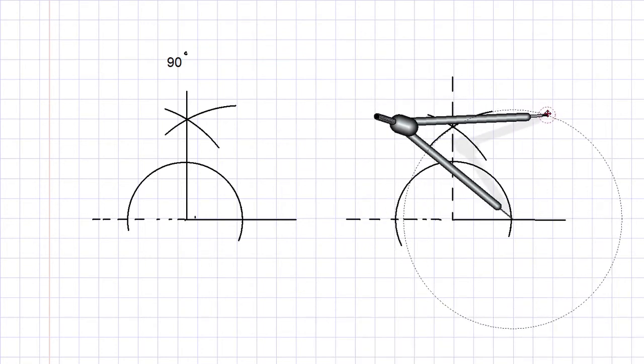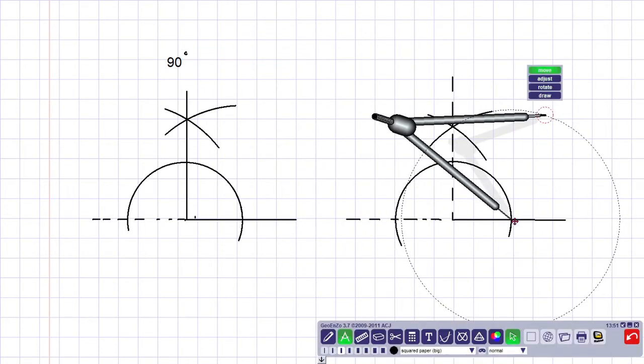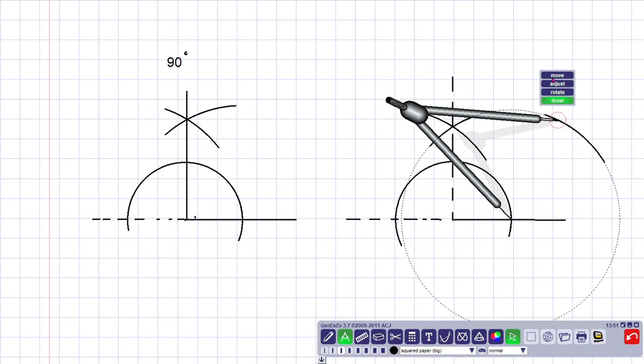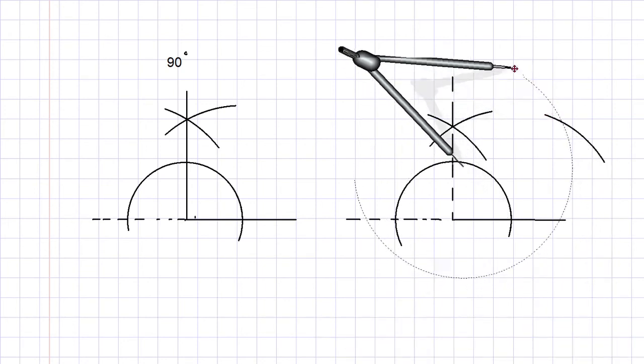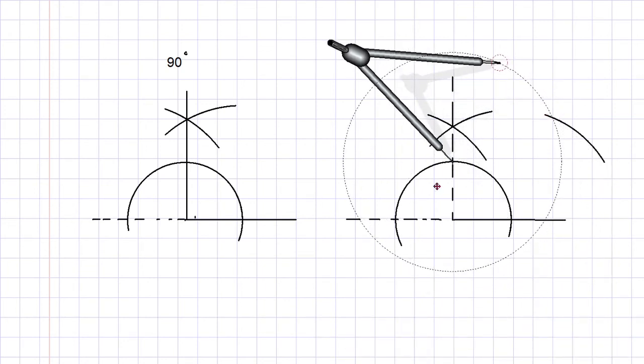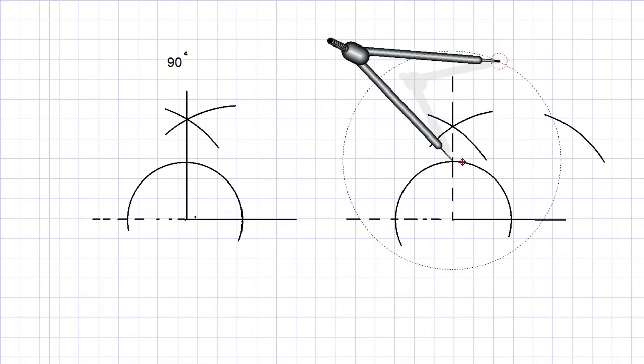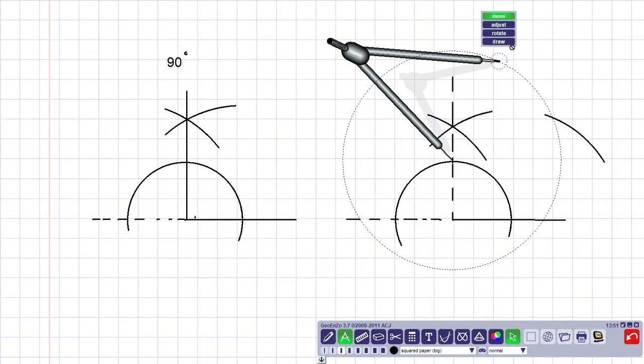Place the compass this way. Now draw an arc. Now again place the compass on this place. Here. Now cross the previous arc.